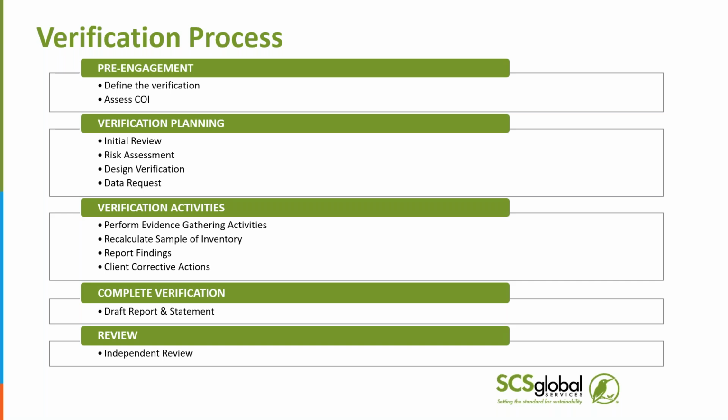Once all of those corrective actions are cleared, next would come the completion of the verification, where we would draft a report and a statement. The statement can be used public facing. It can be used in your CSR report, to report up to your C-suite, and to publish on your website, and we recommend that you do that.